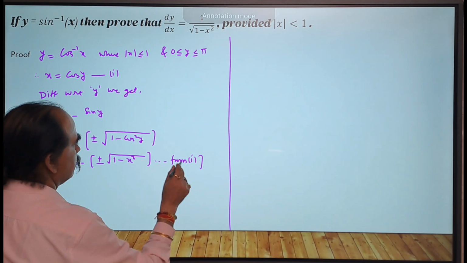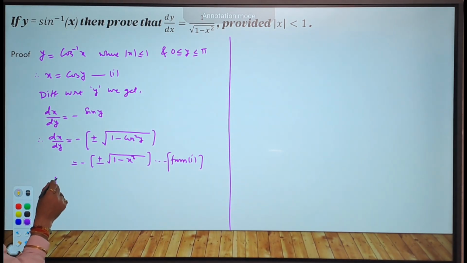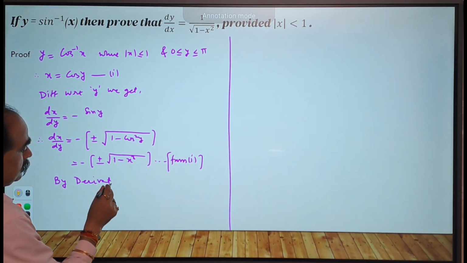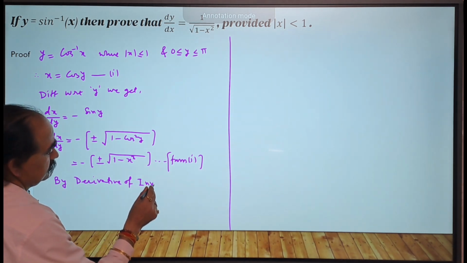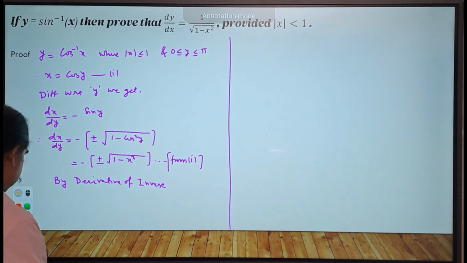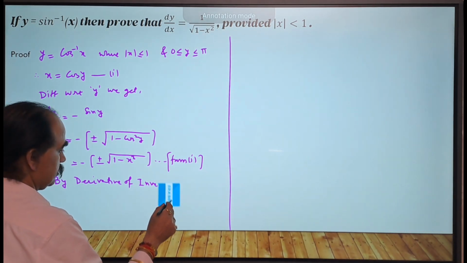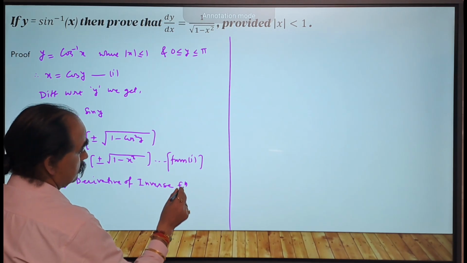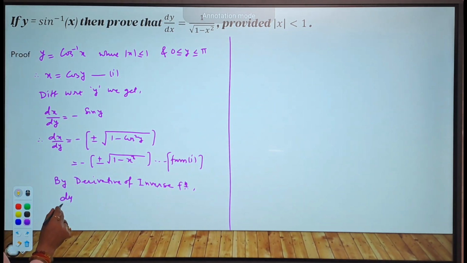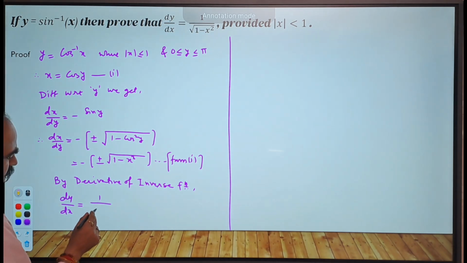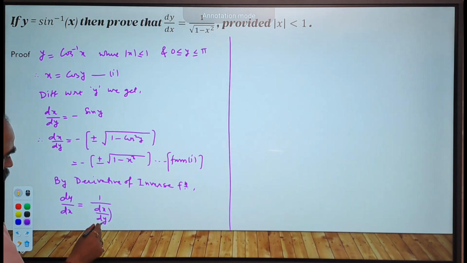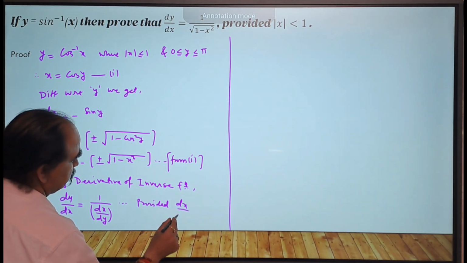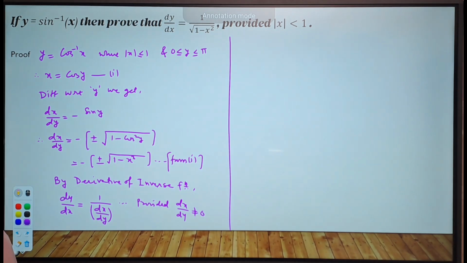From 1. By derivative of inverse function, dy by dx is 1 upon dx by dy, provided dx by dy is not equal to 0.